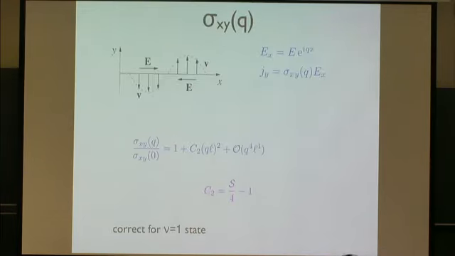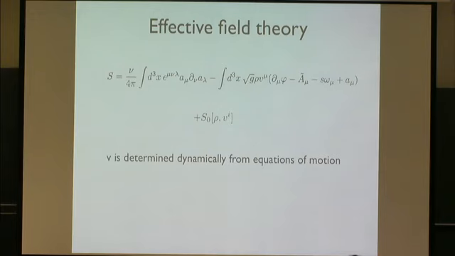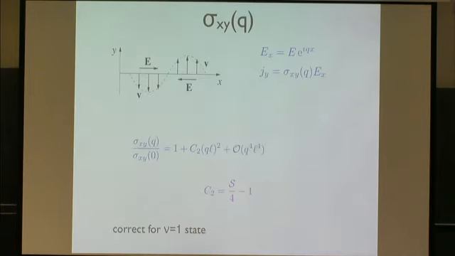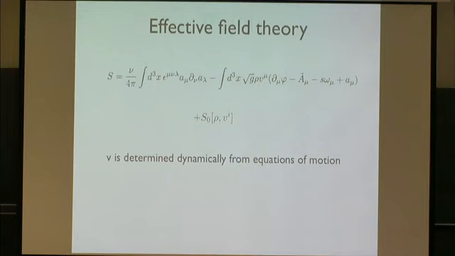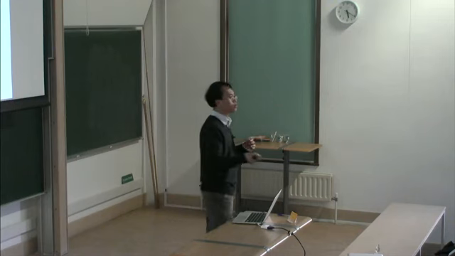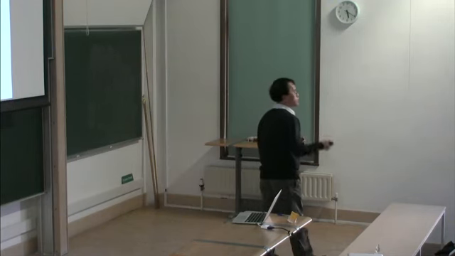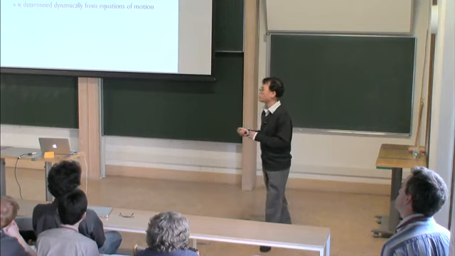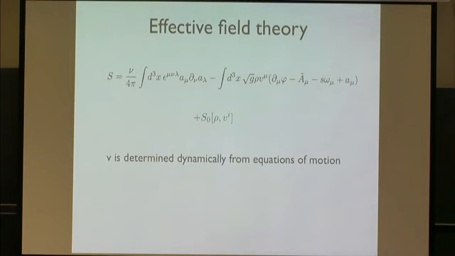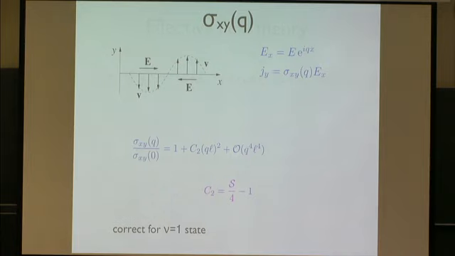Okay, so sigma xy of the quantum Hall state you can derive from this, and you can also check by direct computation that for the integer quantum Hall state, the thing that we have derived is also correct. This check is important because all the things that we have said here up to this point do not depend on whether we are dealing with a fractional quantum Hall state or an integer quantum Hall state, and the consequence that we have derived should be valid even for nu equal 1.